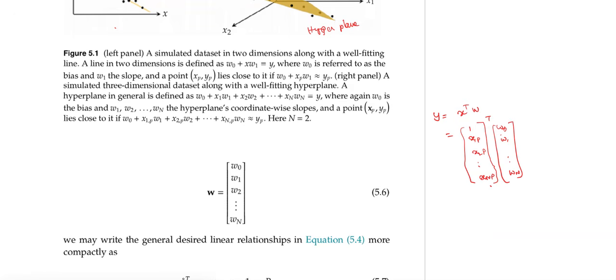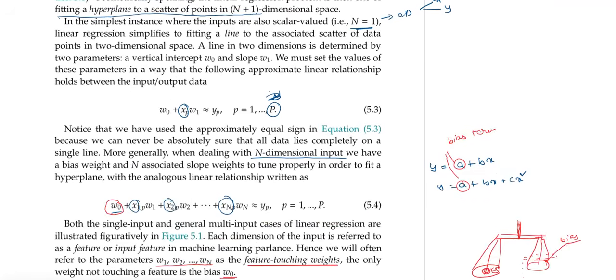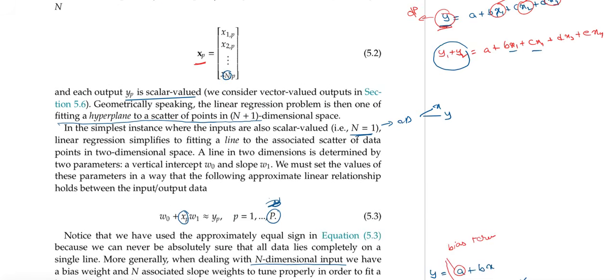Since it is a transpose, the column vector is turned to a row vector. Then I can write 1 times w0 plus x1p times w1, plus x2p times w2, and so on up to xnp times wn. That is y. It is now turned to 1 by 1, which means it is a scalar. Each output y is scalar valued.